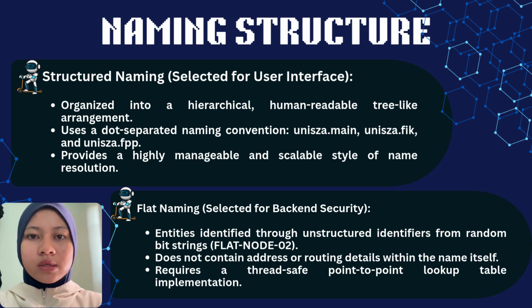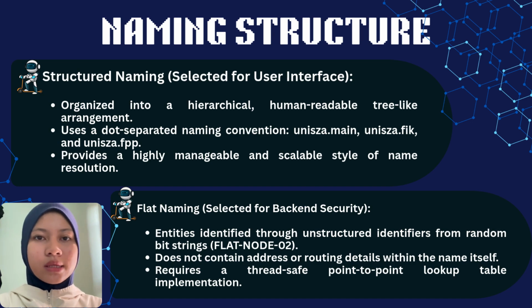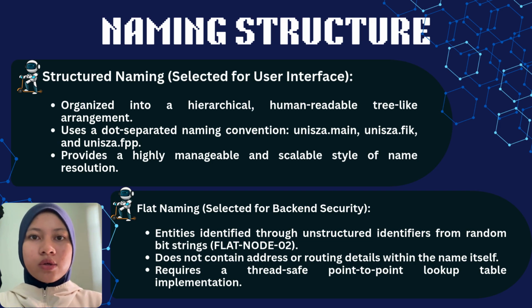For the user-facing interface, we selected structured naming using a human-readable dot-separated convention, especially for uniza.me, uniza.fyk, and uniza.fpp. This abstracts the complex underlying IP and port configuration away from the student.